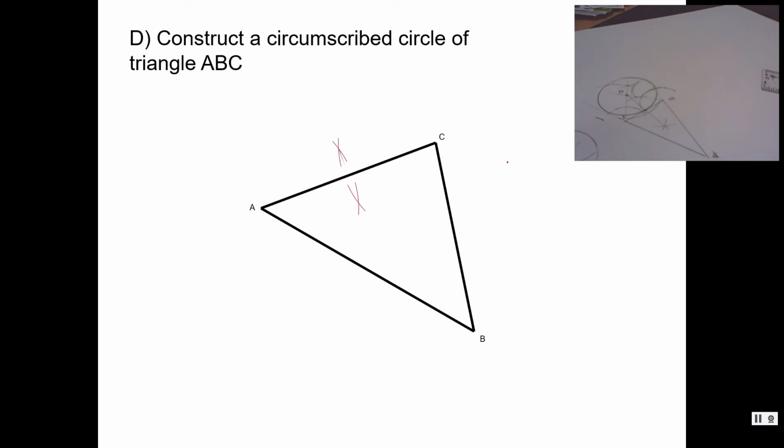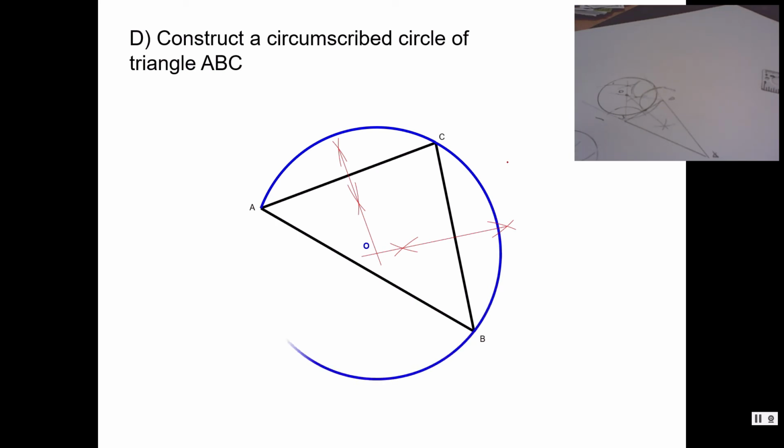I think because you already did activity A just now, it's similar. That one is three points, and this is a circle, but it also consists of three points. So the steps are similar, and you can do the same. You get O. And then after that you can just draw the circle that is going to go through all these points.